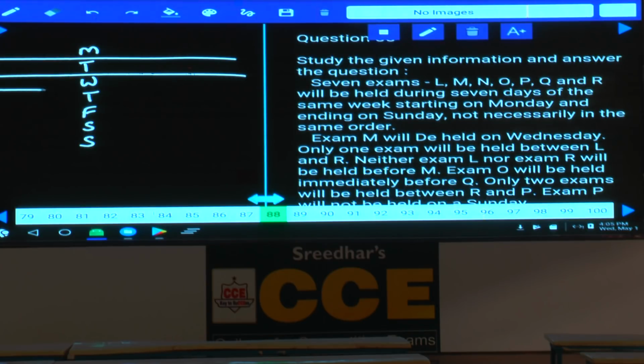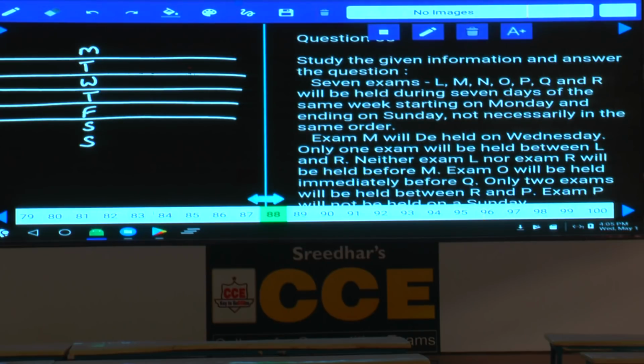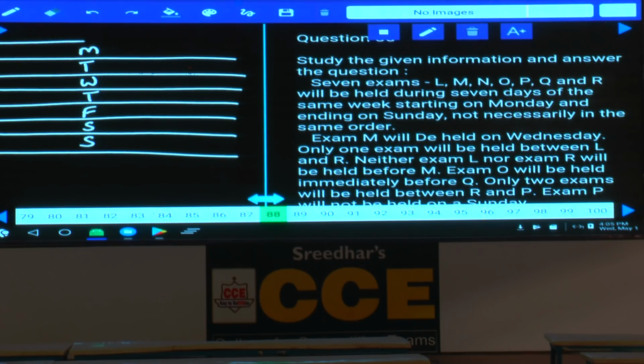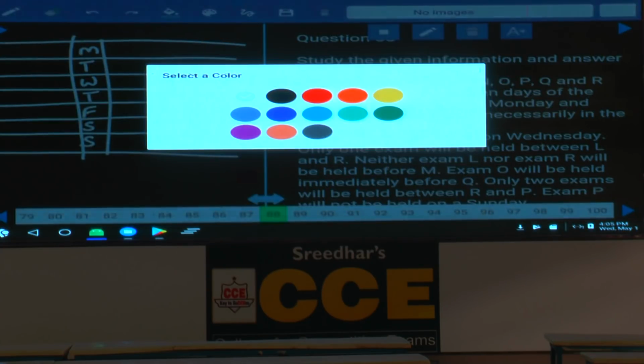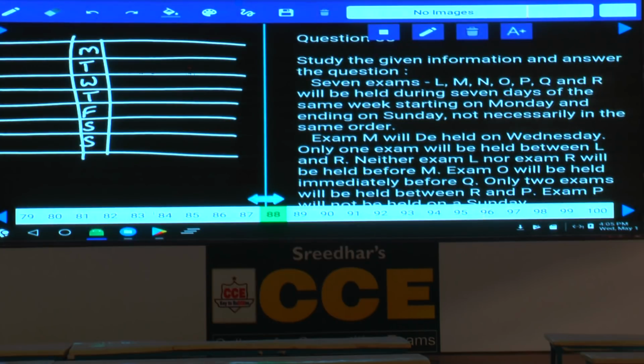And exam D will be held. Then exam M will be held on Wednesday. Hence, M is at this place fixed.